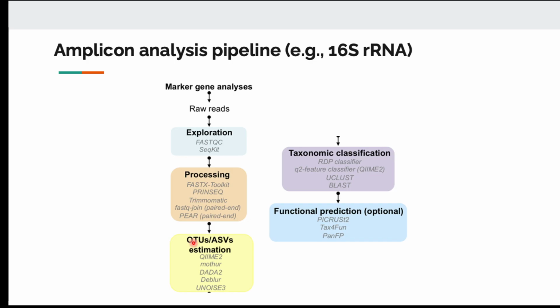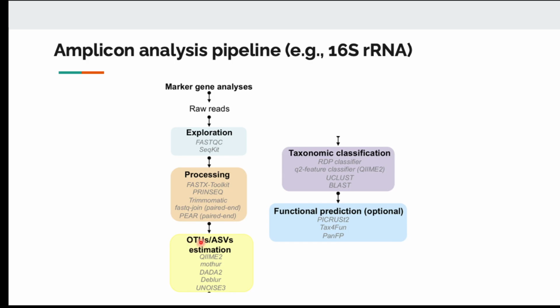And this is to reduce the amount of analysis that you need to do. Let's say you want to do taxonomic classification by alignment to the database. You generate 10 million reads. If you align all of them, you are going to do 10 million alignments. But if you know that some reads are very similar, like 99% similar, they are going to map to the same taxonomy anyway.